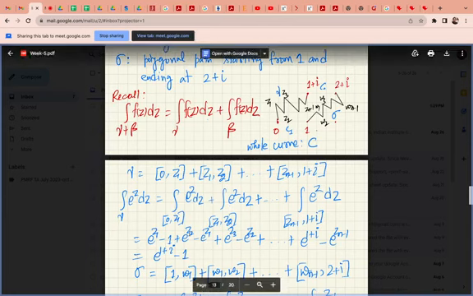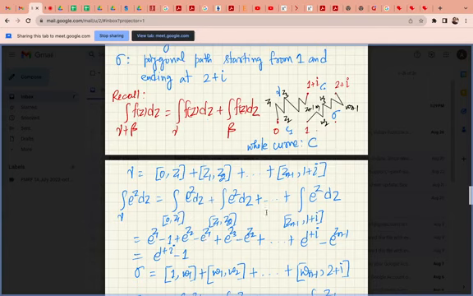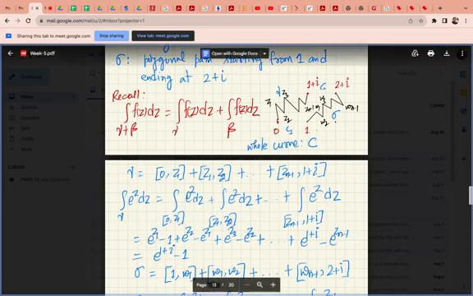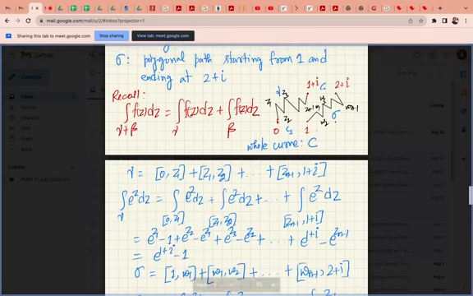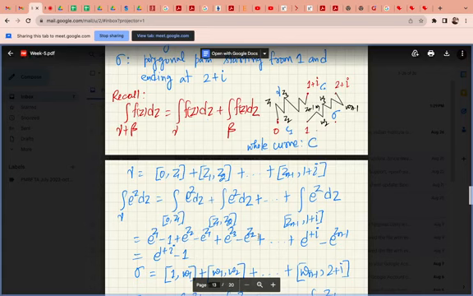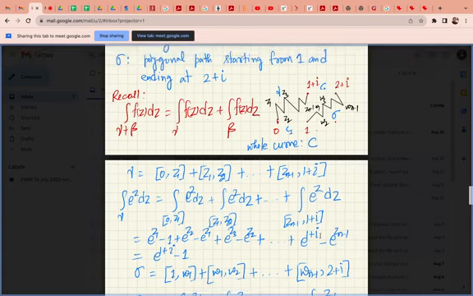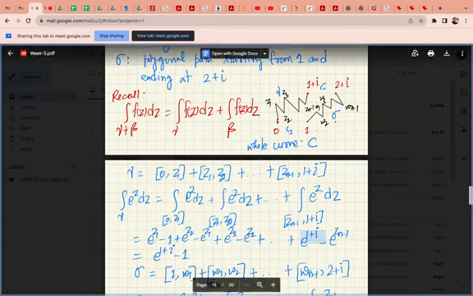Then e to the power z2 minus e to the power z1. Then z2 to z3, so e to the power z3 minus e to the power z2. Again e to the power 1 plus I minus e to the power z n minus 1. Overall, e to the power z1 cancels out, so everything cancels out. The only thing left will be e to the power 1 plus I minus 1.